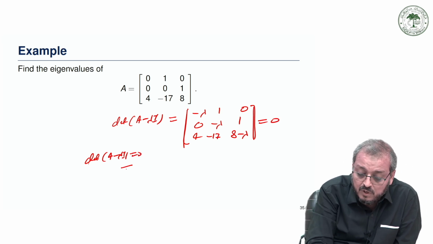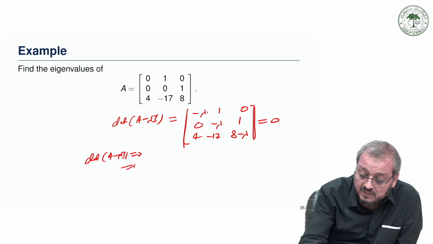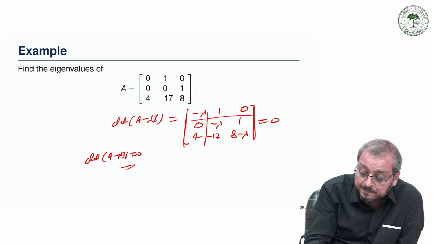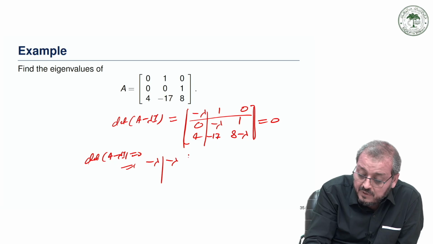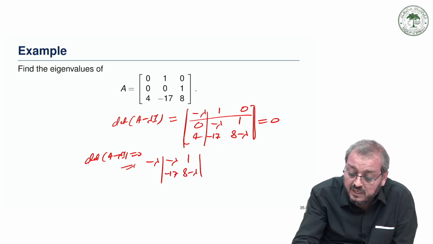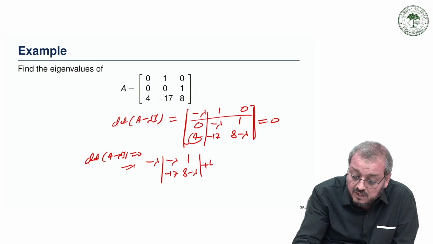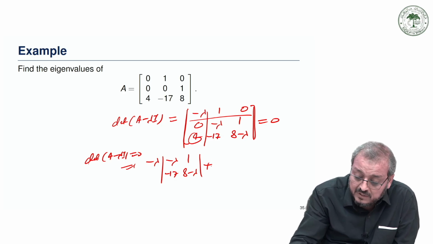Now we have to simplify this. We just take it into this form. We have minus lambda times the determinant of minus lambda 1, minus 17, 8 minus lambda, and then we go to the plus minus 1 times, this is gone and this is gone.